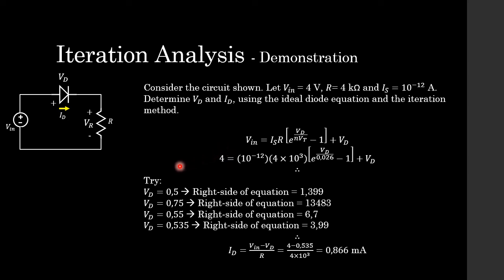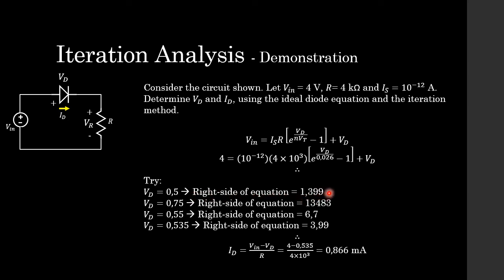So now what we do is we start trying different values of Vd. And we plug it into this equation and see what we get out on the right side until we get a number that is very close or equal to the number on the left side. So I started off with 0.5 volts, and when I solved the right side of the equation, I got 1.399.